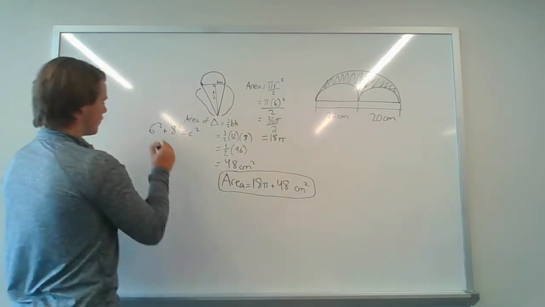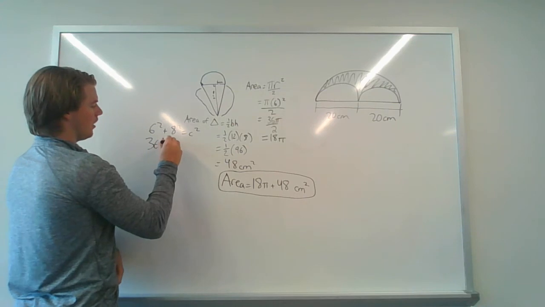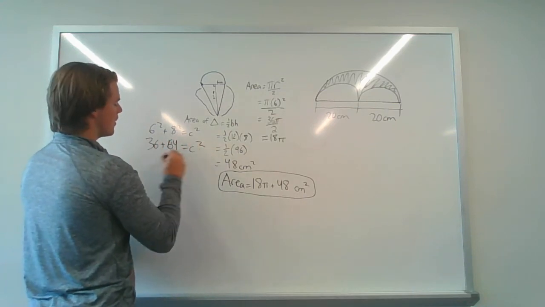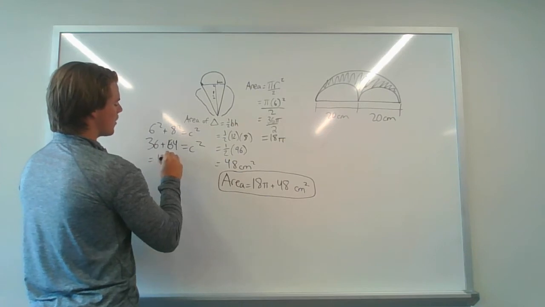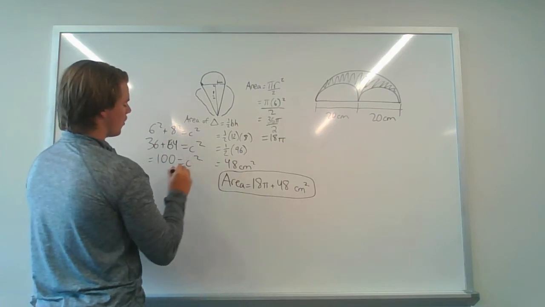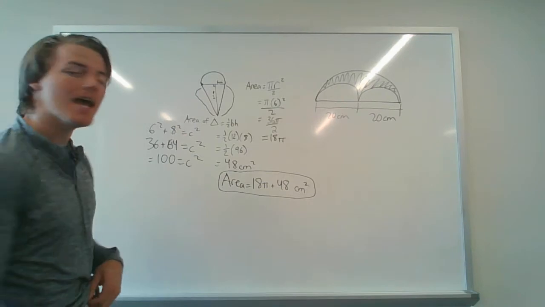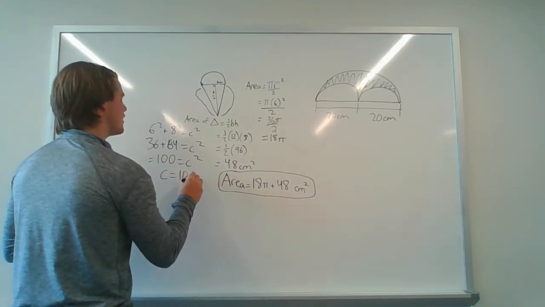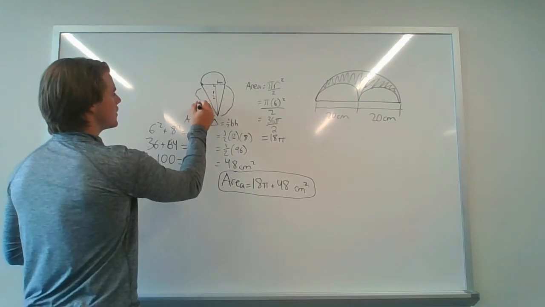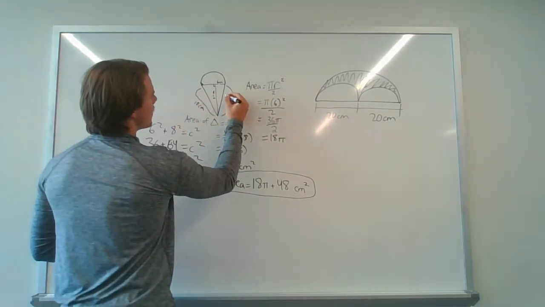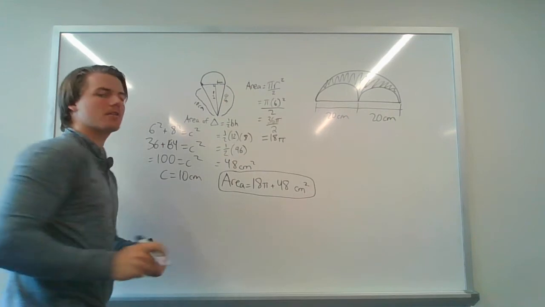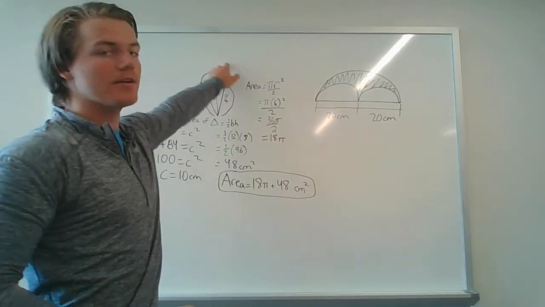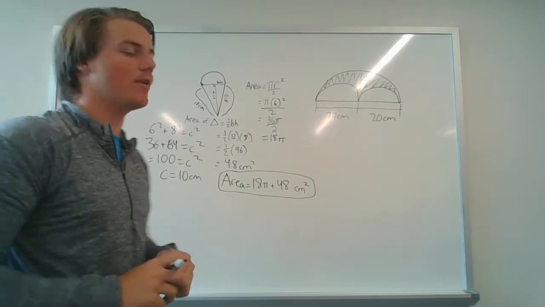So we've got 36 plus 64 equals c squared. This equals 100. The square root of 100 is 10, so c equals 10 centimeters. So this is 10 centimeters, and this is 10 centimeters. Now we've got those two sides. All we've got to figure out is the top of the ice cream cone right there.